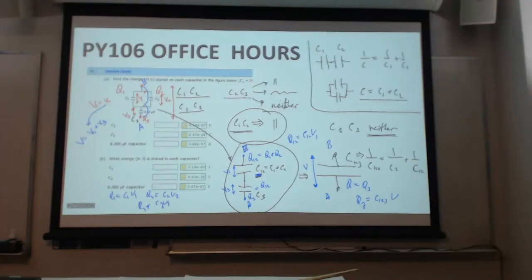No, I think that's it. So Q12 is C12 times just V1 because it's the same. To be absolutely exact, you should say this potential difference equals V12, but it also equals V1 because it's equivalent to the original potential difference.